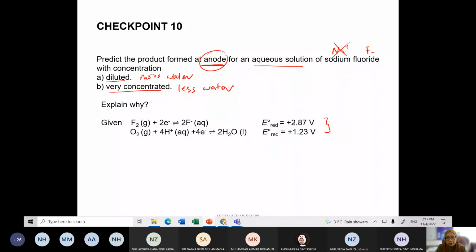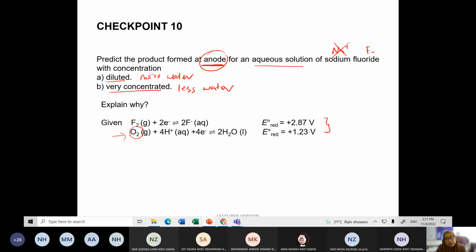If it's diluted, we compare in terms of value, as usual. We will choose the anode that is more negative, or less positive. So water will be oxidized at the anode and produce O2.